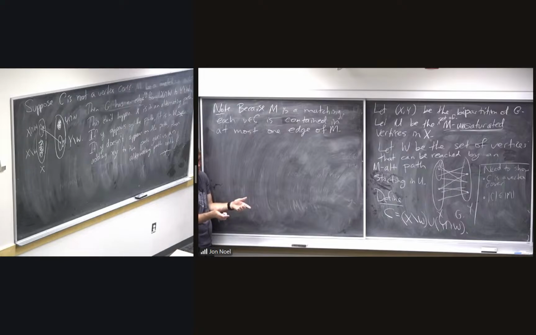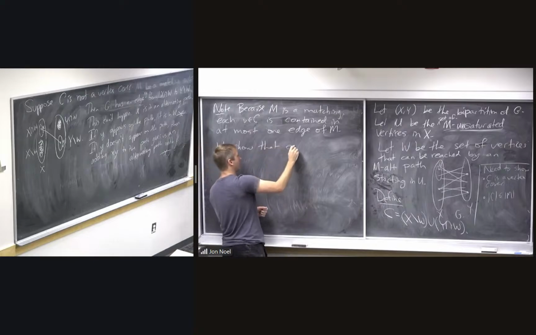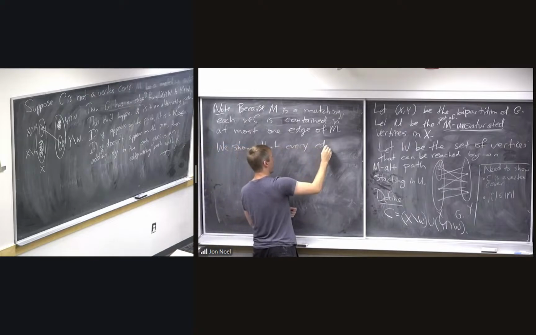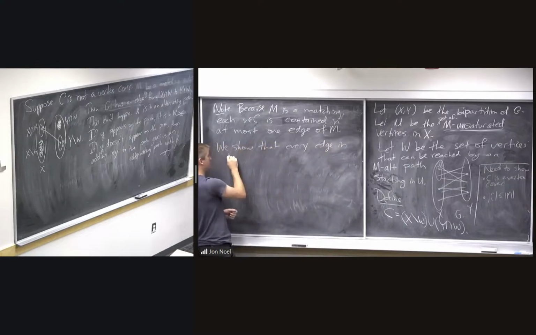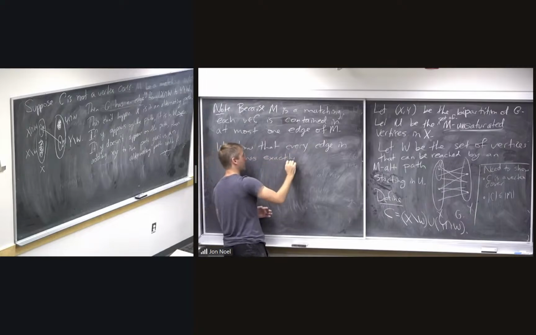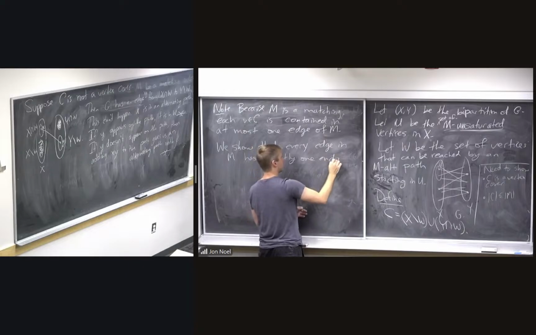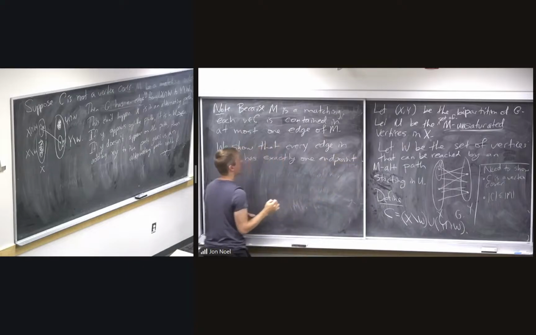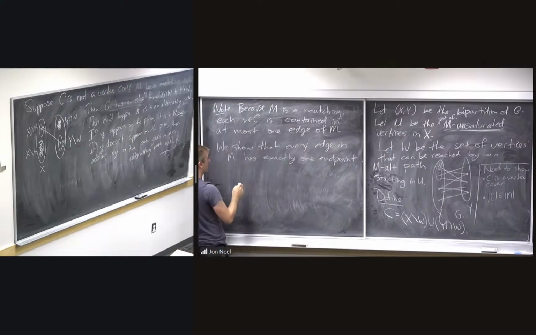That's what it means to be a matching. What we want to show is kind of an opposite version of that. I want to show every matching edge has exactly one vertex of C in it. So we show that every edge in M has exactly one endpoint in C.